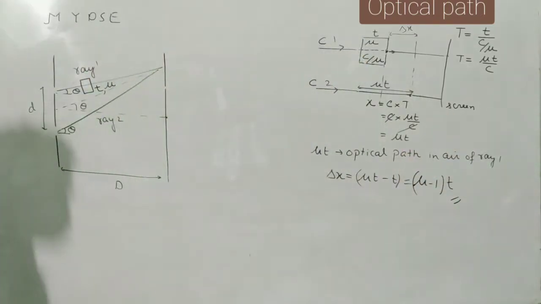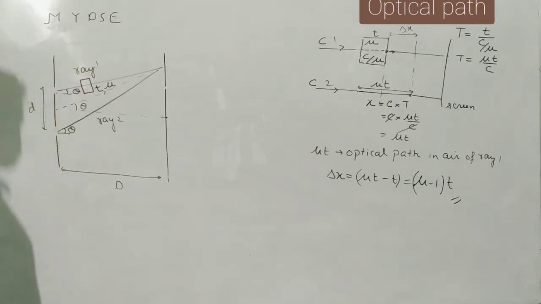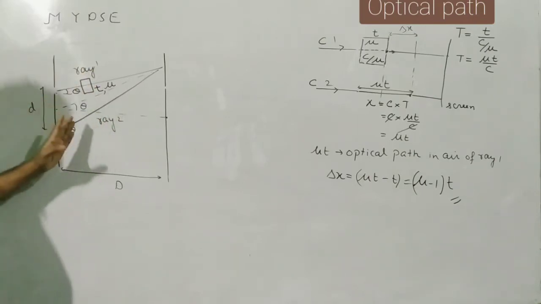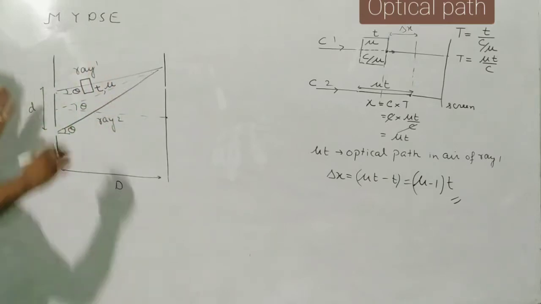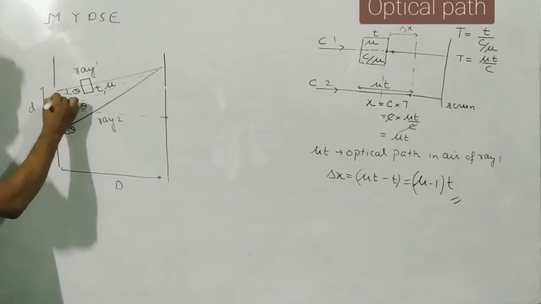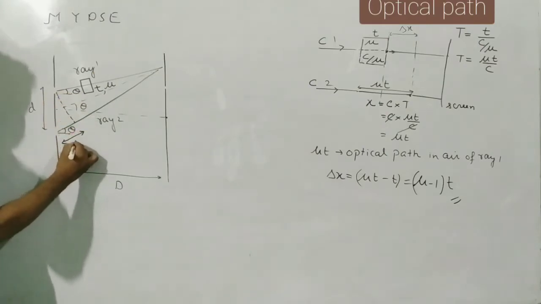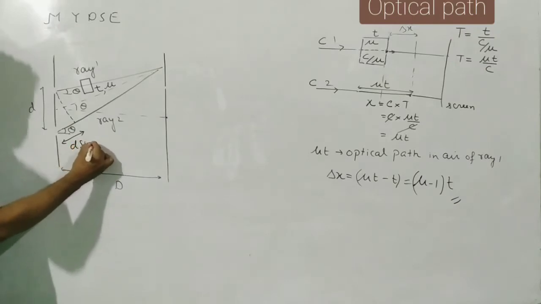Okay. Now what is happening here? Now let us come back to this example. You introduce the slab in the path of ray 1, and ray 2 is without any slab. Now just imagine the slab is not there. Who is traveling additional path without the slab? So if I draw a dotted line over here, we have seen that this distance is equal to d sine theta. We have seen that, correct?